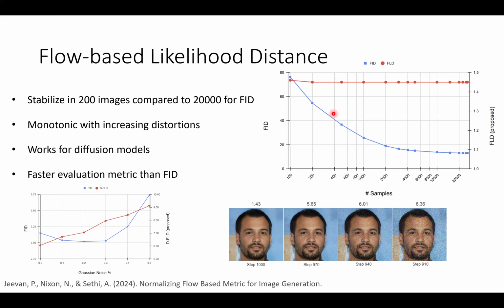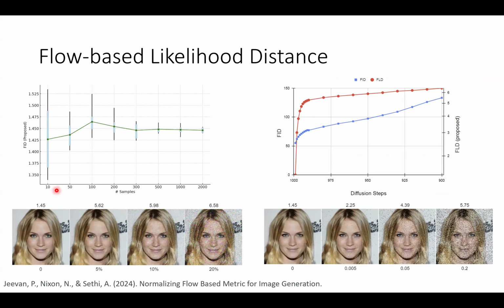But here is the most important result. This blue line shows how the FID value stabilizes. It requires at least 20,000 images to stabilize to a constant value, but our metric does that with just 200 images. So this is how the FLD value increases with increasing noise, different kinds of noise.